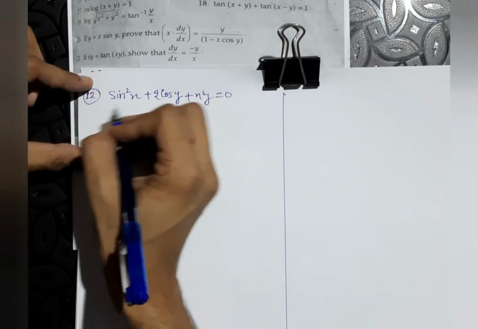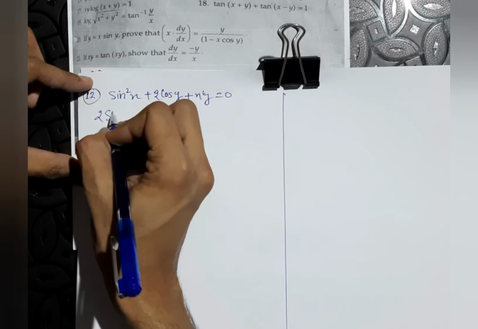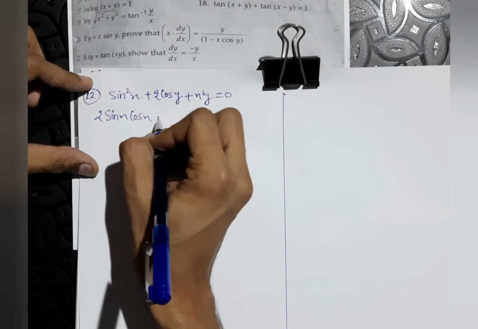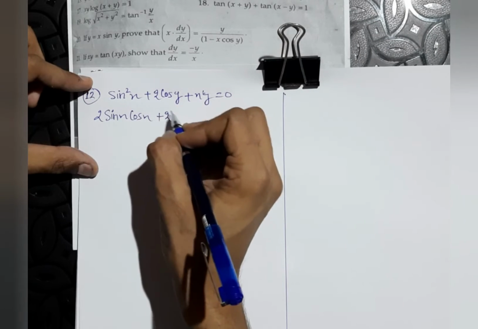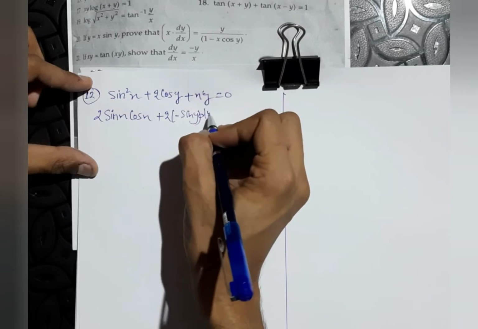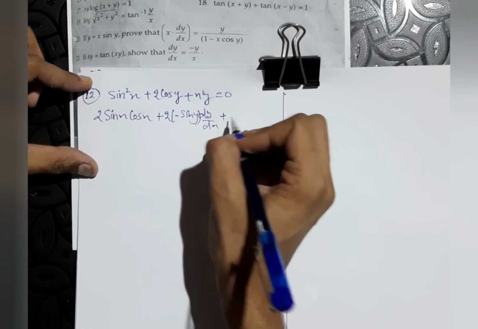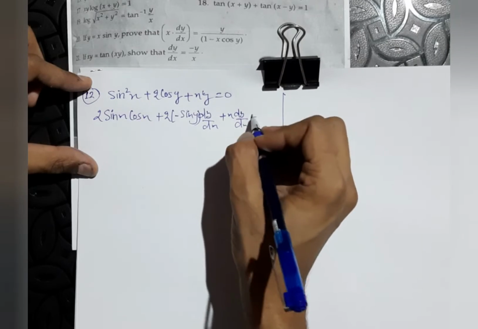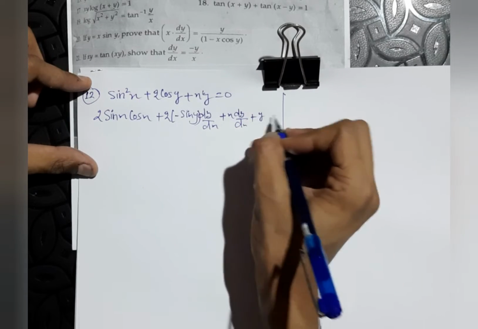Okay, so differentiating sin square x gives 2 sin x, and the differentiation of sin x is cos x. Plus now 2 cos y is just minus sin y times dy over dx, plus now x is the same, dy over dx, I am using the product formula for differentiation, plus y, same x is 1, equals 0.